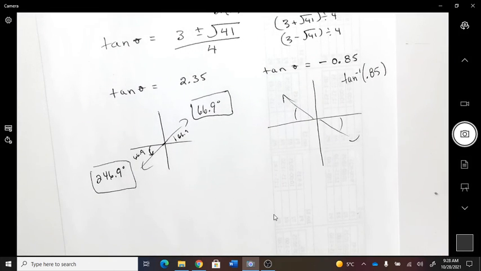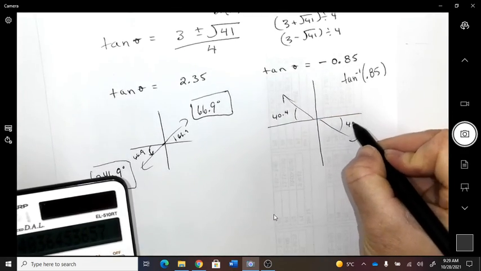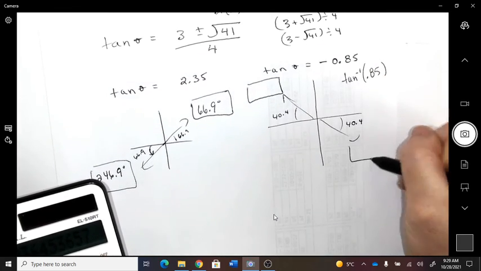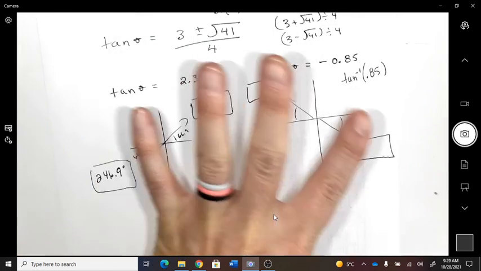Do not put the negative in the calculator. Okay, your negative is attached to the drawing, not in the math. Can you finalize your answers? I got a reference of 40.4. Can you figure out where you are? So a final answer.